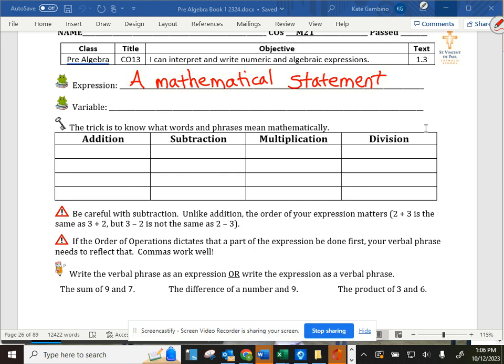A variable is a symbol, so a letter, used to represent an unknown value.